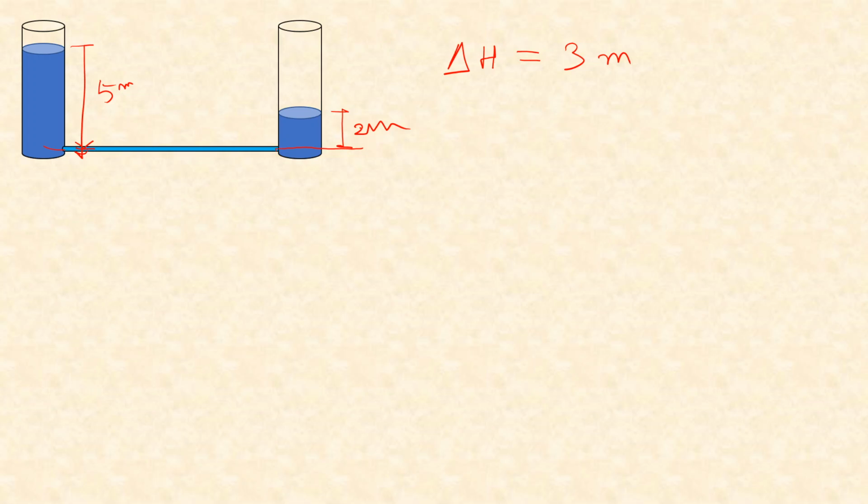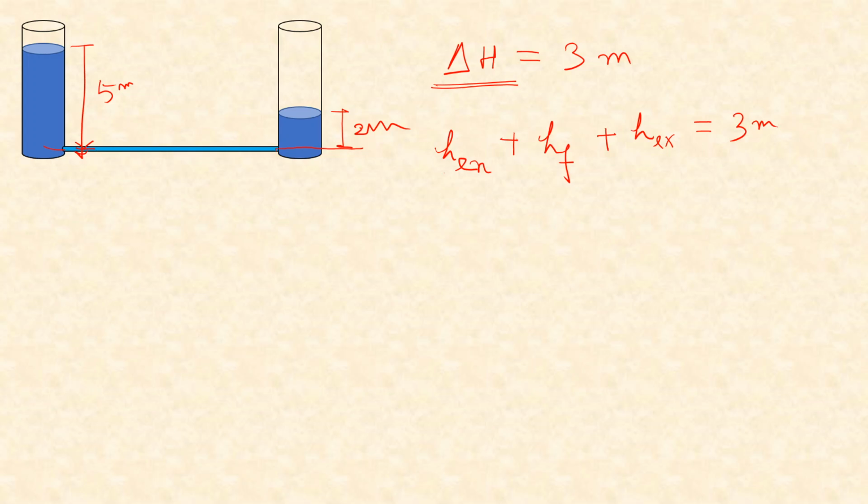Now this delta H, we know it is the summation of entry loss, let's call it HEN, plus friction loss HF, which will be given by Darcy Weisbach equation, and plus the exit loss, which is v square by 2g, let's call it HEX. Now all these things together will be equal to 3 meter.